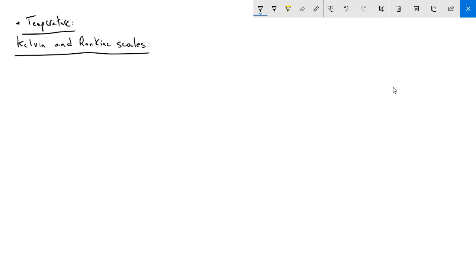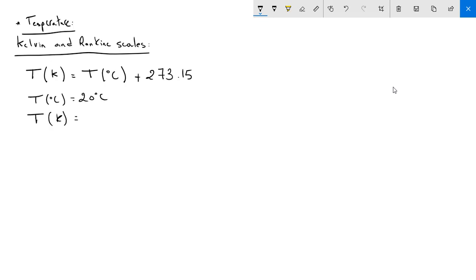For the Kelvin scale, we should know that the Kelvin temperature is equal to the degree Celsius temperature plus a factor of 273.15. So if the temperature is 20 degrees C, in Kelvin it is 20 plus 273.15, which is 293.15 Kelvin.